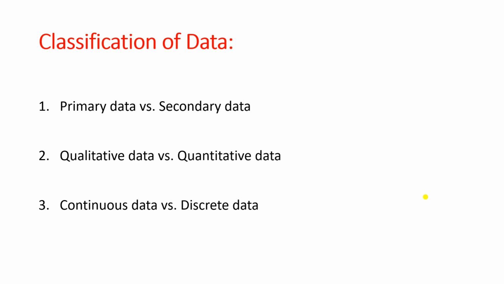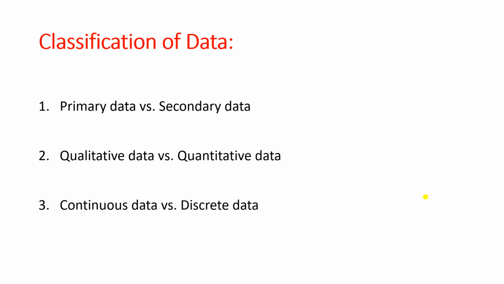The next one is qualitative data and quantitative data. Some variables can be anything, like my gender can be a variable, my age can be a variable, my blood pressure, blood sugar level can be a variable, etc. So when a variable itself cannot be measured, only its frequency can be measured, it is qualitative data.